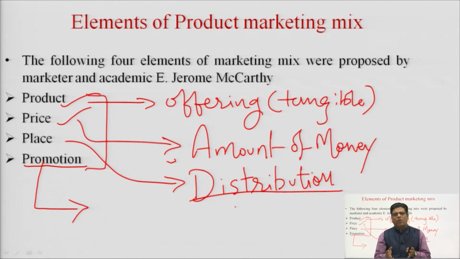For products which are already there in the market, promotion is one way to keep the customers recalling your product. For example, there are so many products which are available in the market. Let us take the example of McDonald's burger. McDonald's burger has been there in the market since the last so many decades. Still, McDonald's does advertising for two reasons.